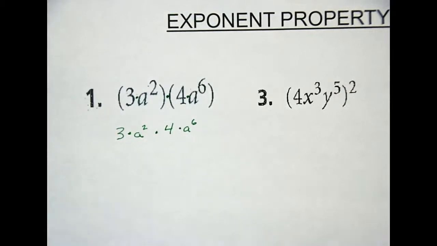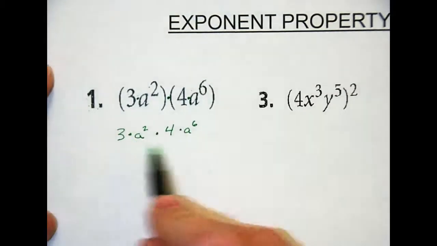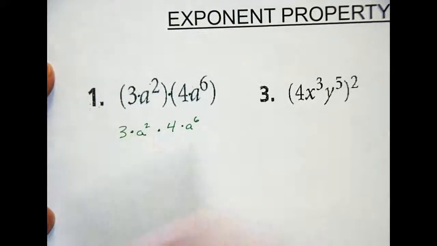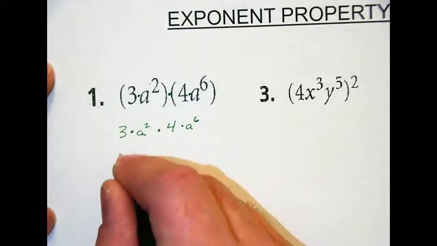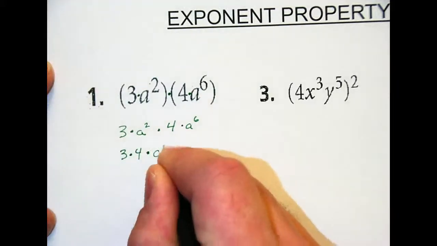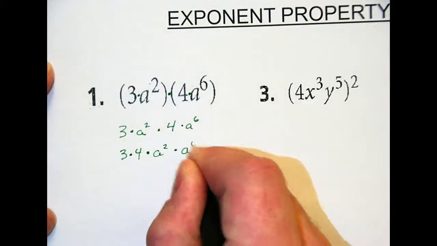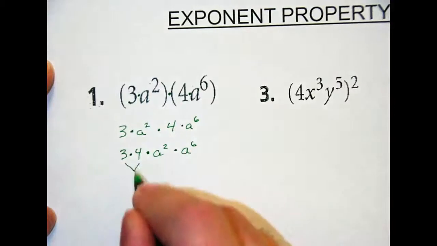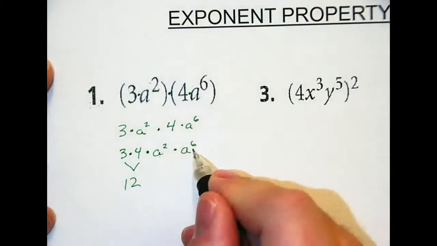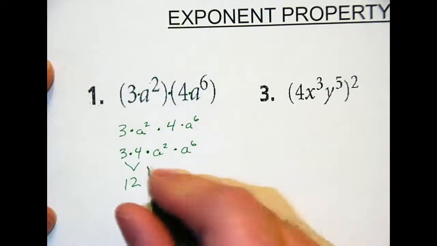All right? So, when you're multiplying, the commutative property of multiplication says you can multiply in any order. You can move things around. So really what I have is 3 times 4 times a squared times a to the 6th. Couple these, that's 12. A squared, now if you're not familiar with how to deal with that, when you're multiplying it by this, think about what a squared means.